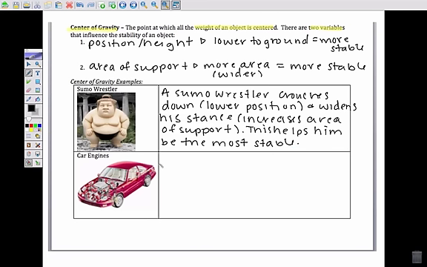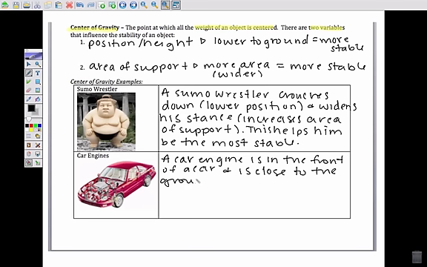The second thing we're going to look at are car engines. And a car engine is always going to be in the front of your car. A long time ago, they used to be in the trunk on old Volkswagens, and that wasn't a good idea, and here's why. A car engine is in the front of the car, and is close to the ground.